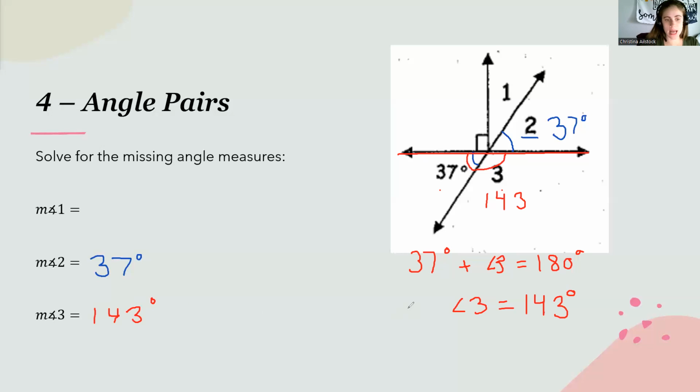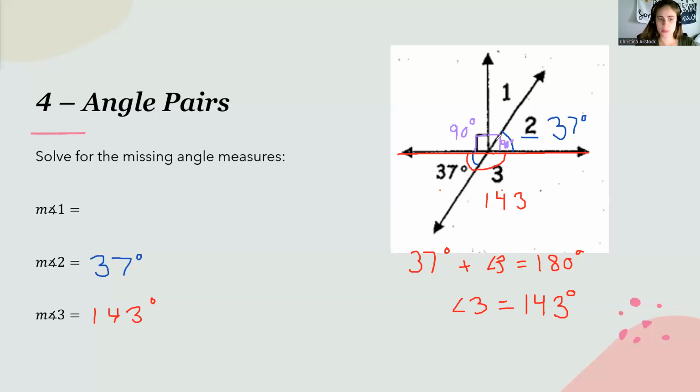All right, last but not least, we have number 1 up here. Well, I don't see any relationship between that 37 degrees and the 1, so I'm going to have to start looking other places. I do notice that this right here is telling us that that is 90 degrees. Well, there's a couple different ways that you can look at this. One way is noticing that the other side would also be a right angle, and it would also be 90 degrees.